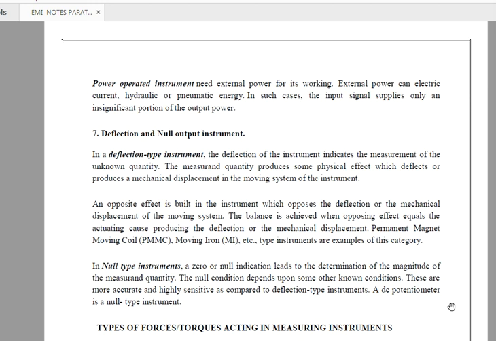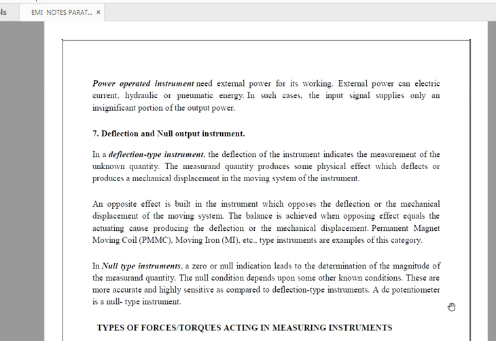An opposing effect is built into the instrument which opposes the deflection. The balance is achieved when the opposing effect equals the actuating cause producing the deflection. Permanent magnet moving coil type instruments and moving iron instruments are examples of this category, the deflecting type instruments.